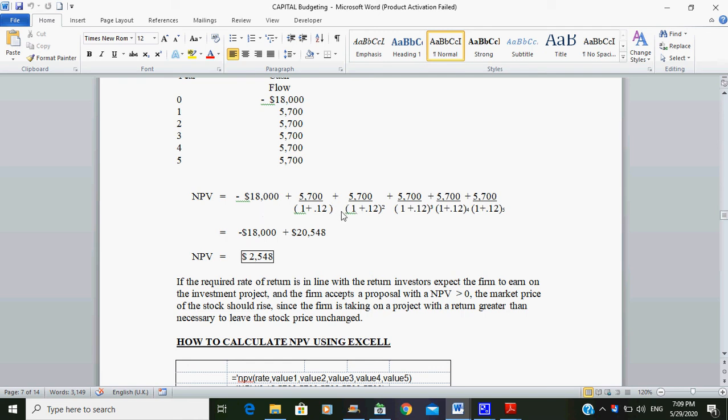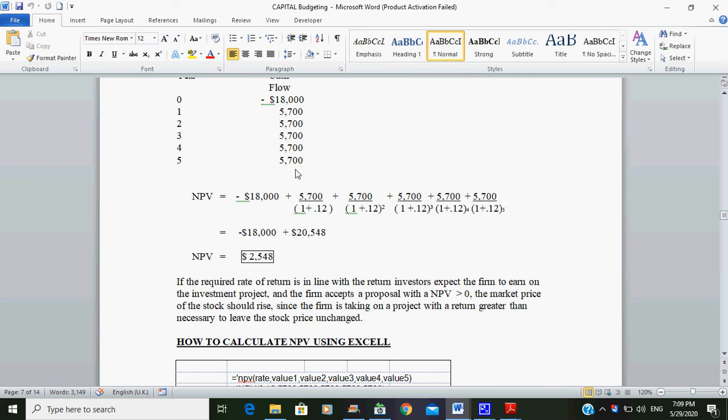Then you have 5,700 over 1 plus 0.12, and so on for the other periods. You could have used the table instead of doing it this way, and multiplied that figure by 5,700 in this case. Because we have an annuity, we could have used the table, found 12% and found 5 years.